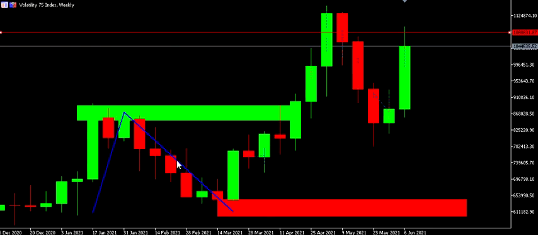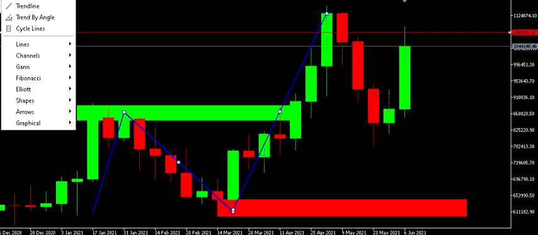Price retraced to the support area, got to this support area and bounced, broke the resistance area and got to another resistance area around here.